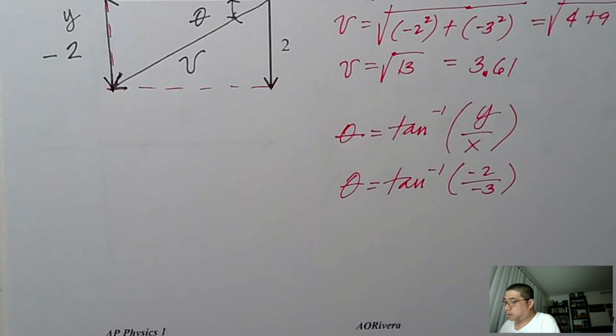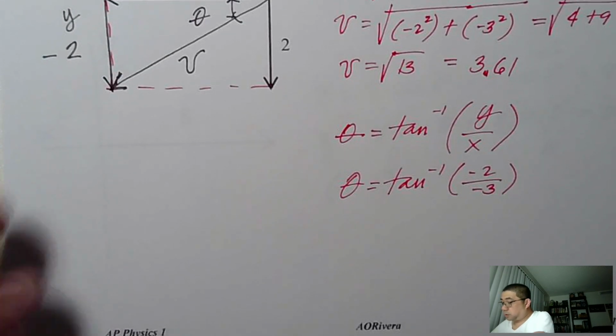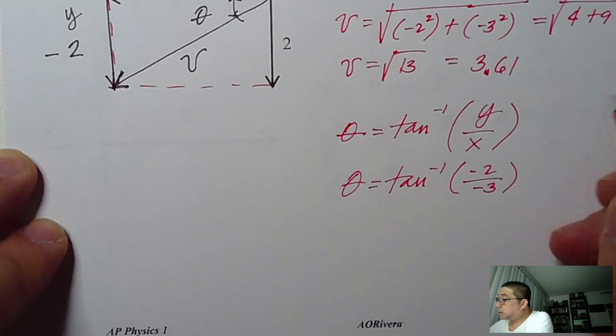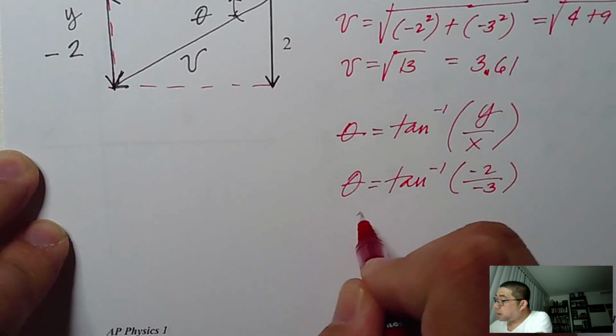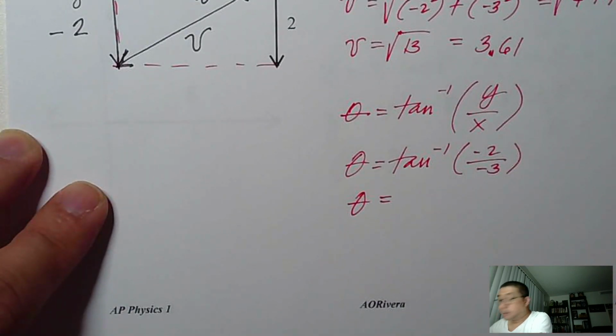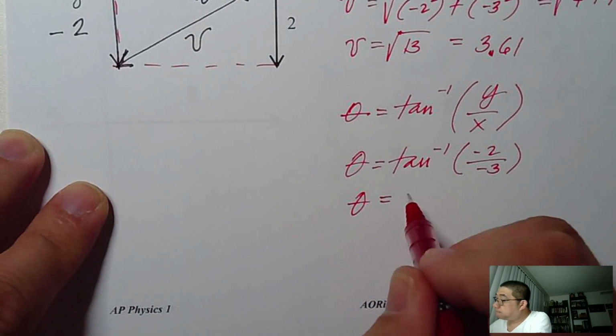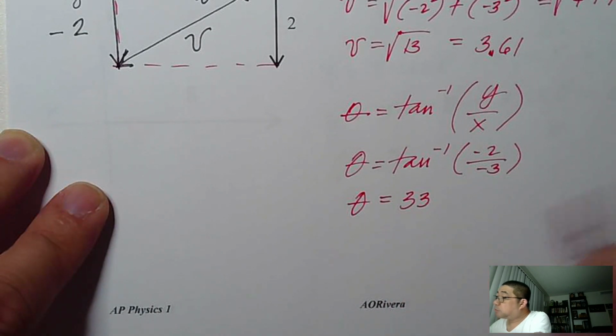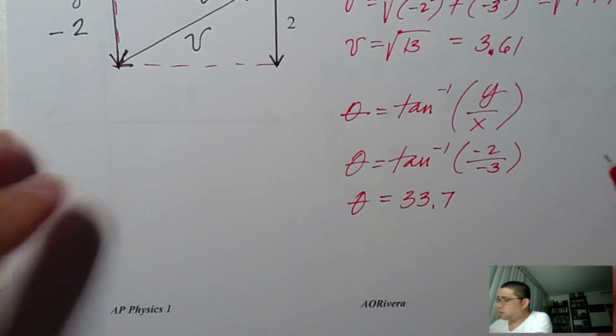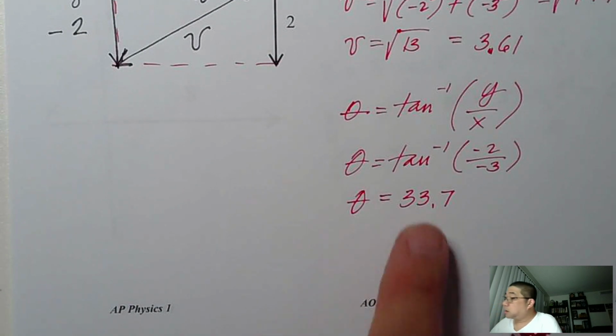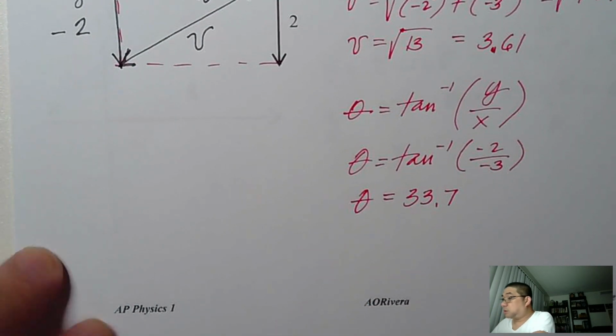See, arctangent of 2 over 3, close parentheses, equals 33.7. So your angle is 33.7, so 33.7 or 34 degrees.